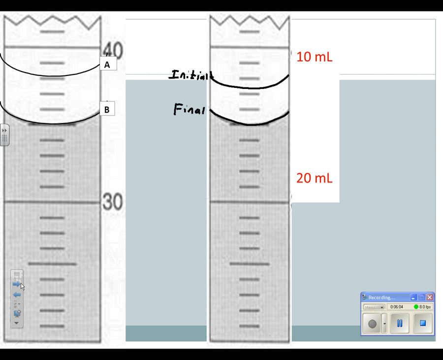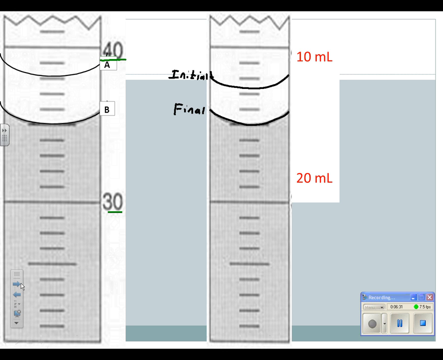All right. So now we're going to do a measure with our meniscus, menisci. So read the graduated cylinder. All we're going to do is read it. So if we had a line A, remember we take it from the very bottom of that meniscus. So if I erase that, get a little clear view of it. And we can see it goes from 30 to 40. So this is a graduated cylinder.